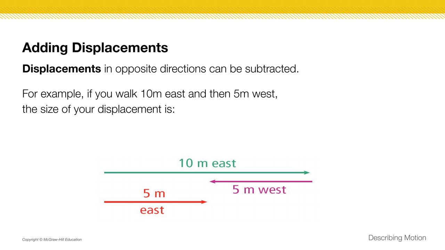So technically, from your starting position, you're only 5 meters east because you went 10 meters east and came back 5 meters west. So you're 5 meters east of your original location. So if this were a test question, it asked you, what is your distance? Your distance would be 15 meters. Your displacement would be 5 meters east, because with displacement, you have to tell me the direction.